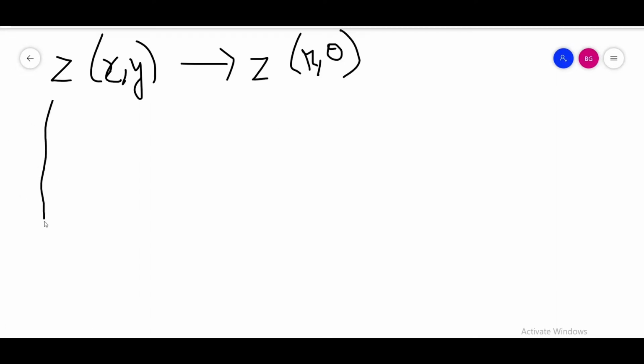First, let's take a graph. Let's say this is our graph, and let's denote a point over there, which is 3 comma 4 in Cartesian form, 3 on the x-axis and 4 on the y-axis.